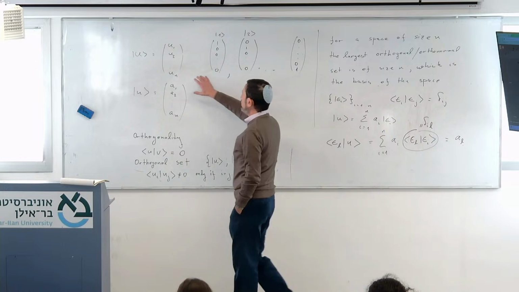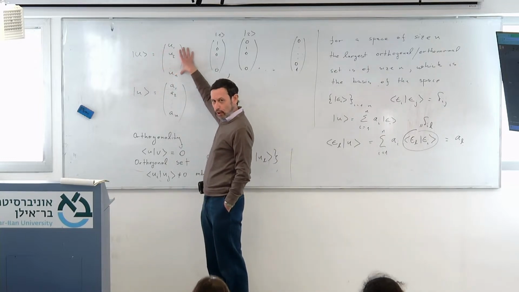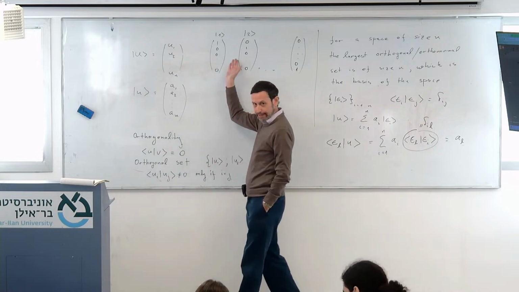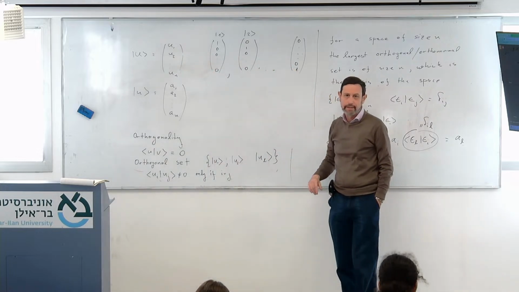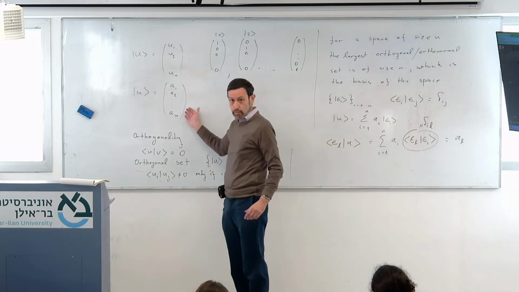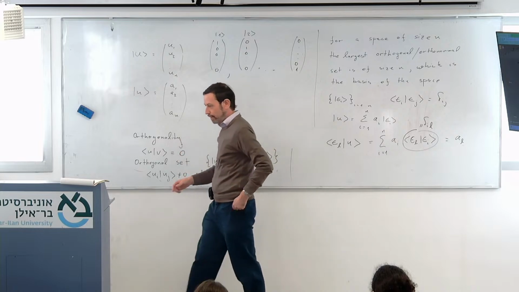So, when I'm writing a vector this way, I'm not specifying the basis. This is a natural basis. If I'm writing the basis and writing the vector in this way, you know exactly what it means.